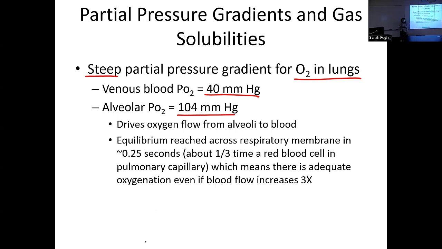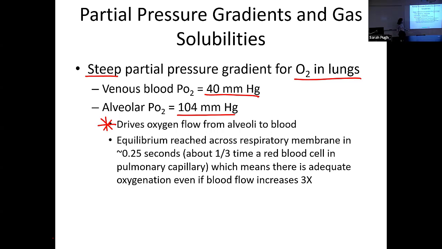Remember, you always move from a high to a low pressure, okay? So what way would oxygen move? You have a whole lot of it in the alveoli and you have less of it in your bloodstream. So oxygen's going to go from where it's high in the alveoli to where it's low into your bloodstream. Okay, it's going to go from high to low. So this is driving the flow of oxygen into your bloodstream until equilibrium is reached.